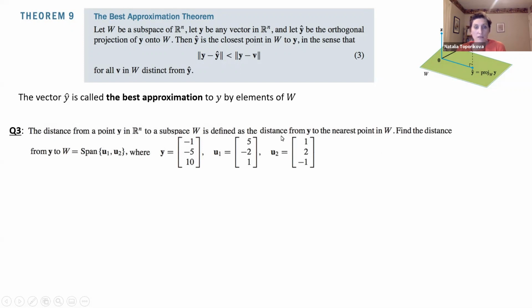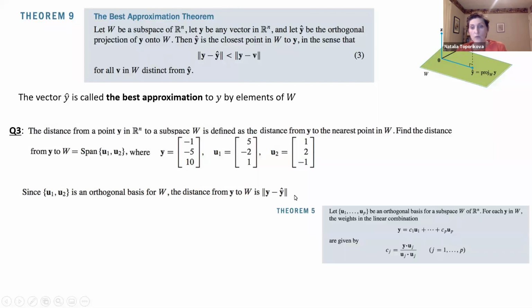Again, we are given the orthonormal basis u1, u2 spanning the subspace W, and we are looking for the shortest distance between our vector y, given here, and the subspace W. Because of the best approximation theorem, we know that what we're actually looking for is the distance between our vector y and its projection.